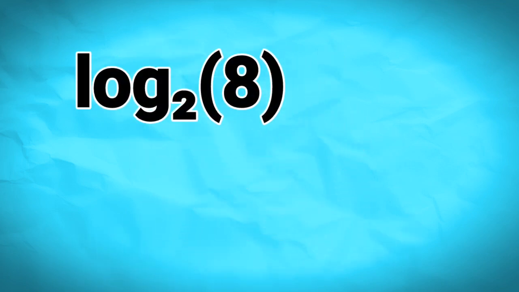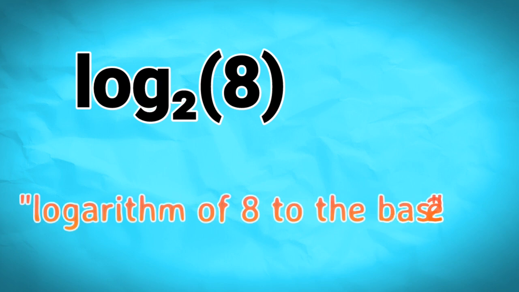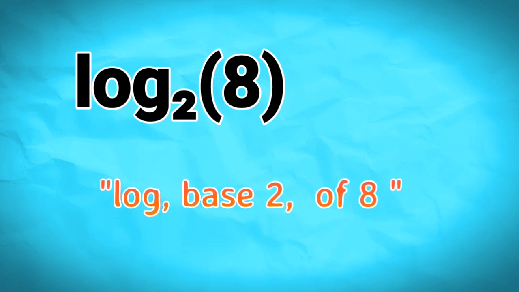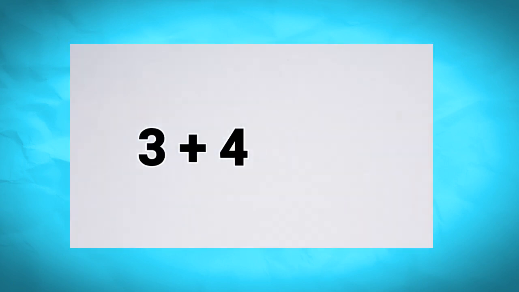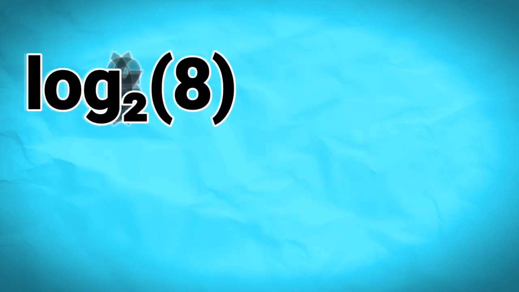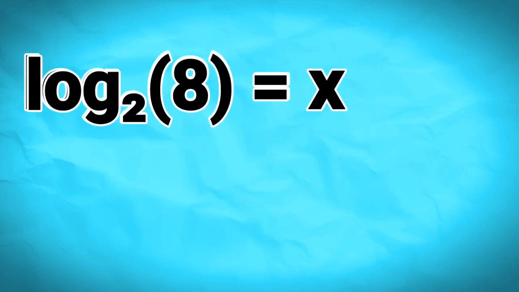Here we have an example of one. It can be read the logarithm of 8 to the base 2, or more simply, log base 2 of 8. Just like the expression 3 plus 4 is equal to some number, the expression log base 2 of 8 is also equal to some number.